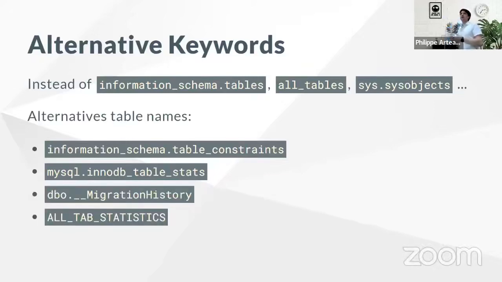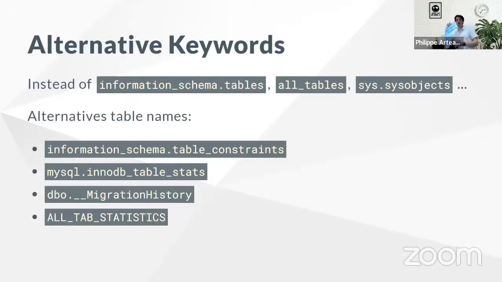Often it will be other tables, like table_constraints here, which doesn't include just table names but constraints related to tables, and you'll be able to find table names this way. Often statistics tables too. These will either be provided by the DBMS itself, or sometimes by a module installed with the framework that creates some statistics tables, and you can target those to get some enumeration and find hidden tables.